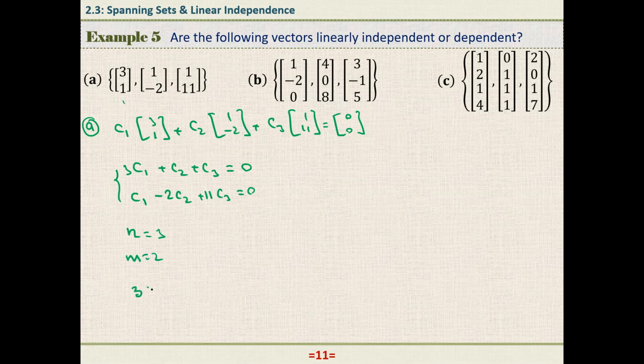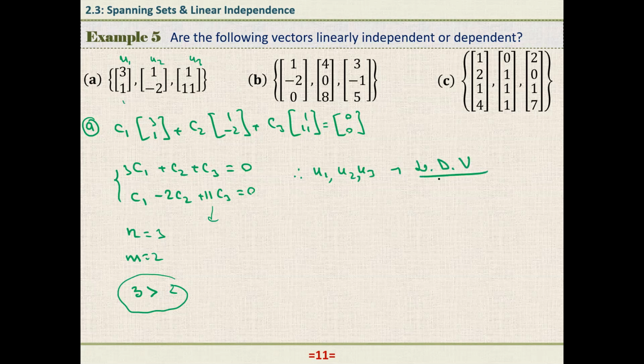We know that if the number of variables is greater than the number of equations, there will be at least one independent variable, so it has infinitely many solutions. That means these three vectors, let's call them u1, u2, u3, are linearly dependent vectors.